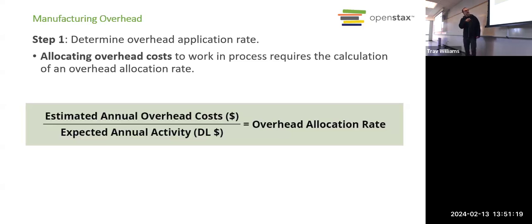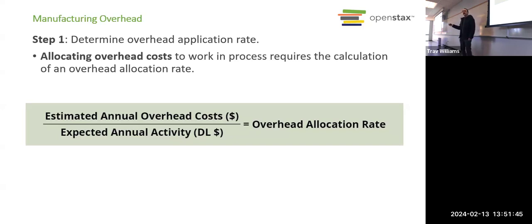So once you have an estimate of your annual overhead, then you think, okay, what do we think our direct labor cost is going to be? And if you look at last year's direct labor costs, and then you make adjustments based on any changes you think are going to happen, you get your estimated direct labor costs for the next year.